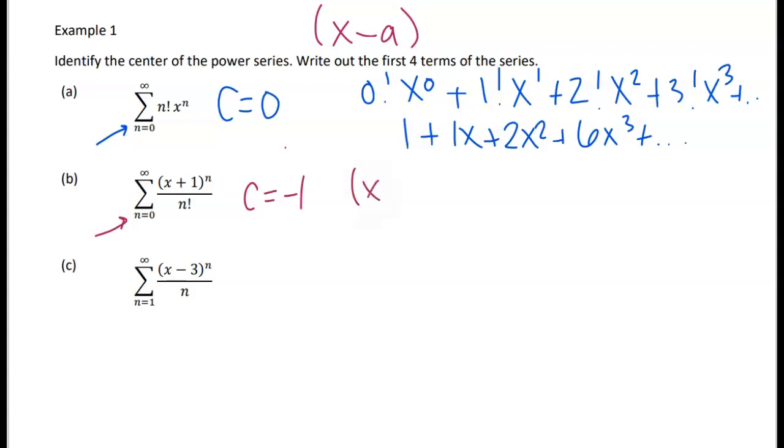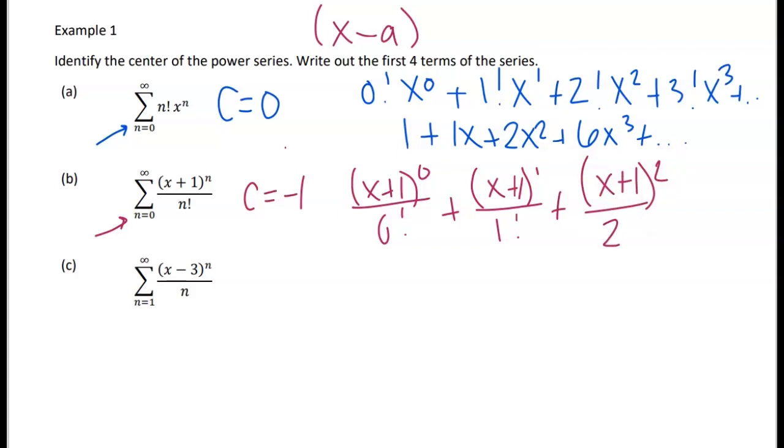So it's going to be x plus 1 to the 0 over 0 factorial, plus x plus 1 to the 1 over 1 factorial, x plus 1 squared over 2 factorial, x plus 1 to the 3 over 3 factorial. I'm not going to simplify that, I just want to make sure that we see this pattern here, that we're generating polynomials with this power series, not just numbers.